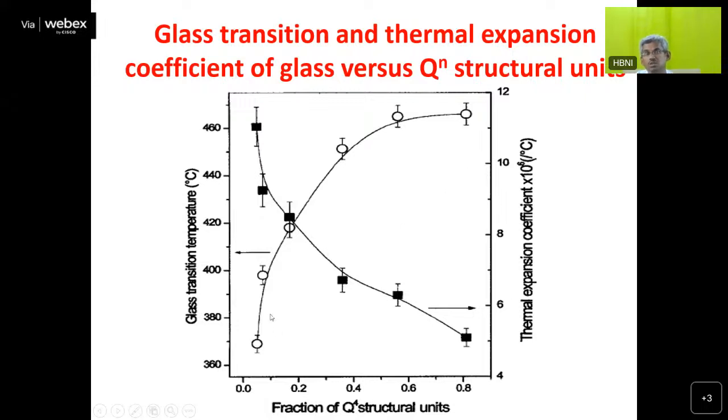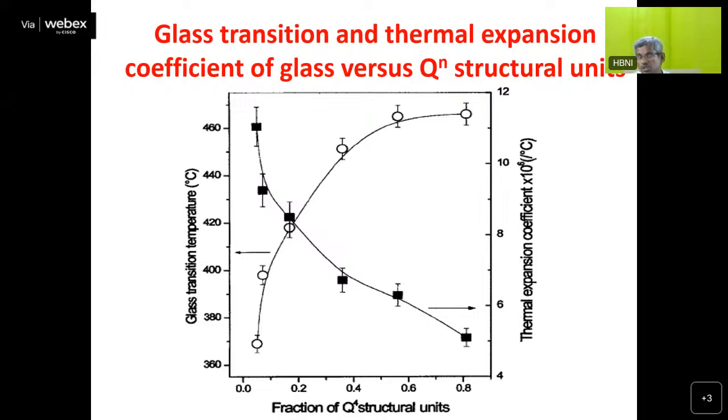You see here, the fraction of Q4 is around 0.1 or 0.08. As you increase the fraction of the Q4 structural unit to 0.8, the thermal expansion coefficient systematically decreases, whereas the glass transition temperature systematically increases with increase in Q4 structural units. What is the reason? A qualitative explanation is like this.